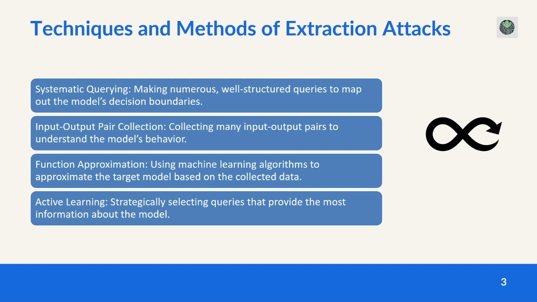Functional approximation comes into play here. Attackers use machine learning algorithms to approximate the model's logic based on the data they've collected. Additionally, active learning is employed, where the attacker strategically selects queries that would reveal the most information about the model.